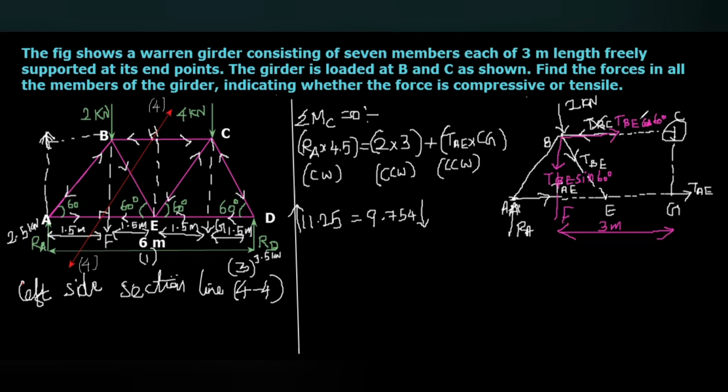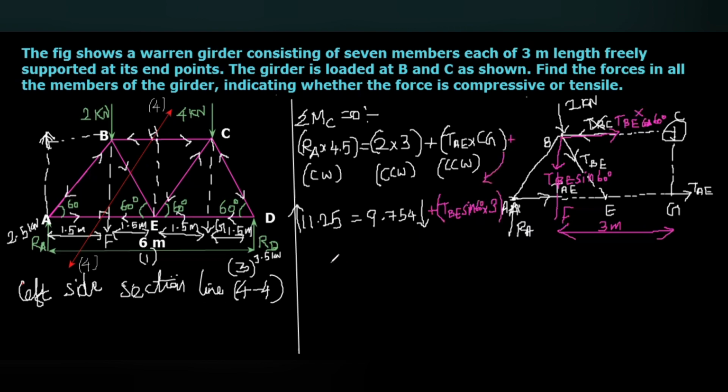So the moment made by the TBE cos 60, we are going to eliminate. So the only thing is the TBE sine 60 multiplied by 3. This will also be in counterclockwise, that we are going to add this side. That is TBE sine 60 degree multiplied with this distance 3. That has to be added this side.